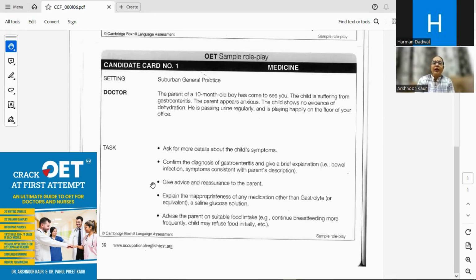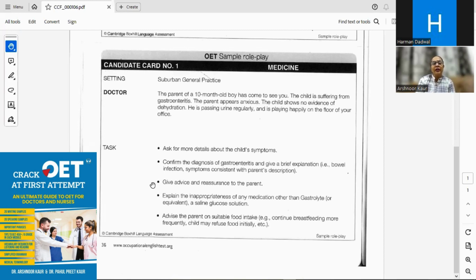The only thing you have to consider is to provide him proper hydration first, and secondly, keep on giving him feeds properly. In this case, it's not mentioned whether the child is breastfed, but continue breastfeeding more frequently. Up to 1 year or 10 months, children take mother's feed, but it is not sufficient for the child.